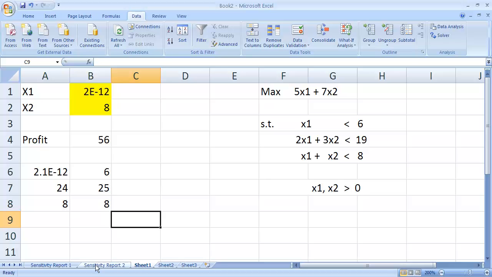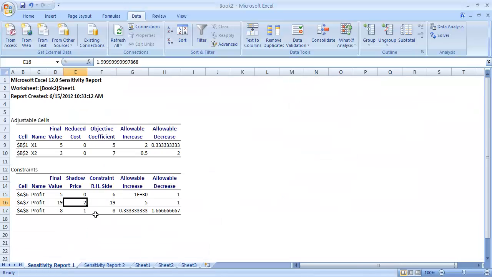So to back up a second, let's look at the sensitivity report. It says that the allowable increase is 5. That increase of 2 in profit is applicable as long as you don't increase this 19 by more than 5. So the profit will go up by 2 until this hits 24, and then it won't necessarily go up by 2 when you raise this to 25 and so on.